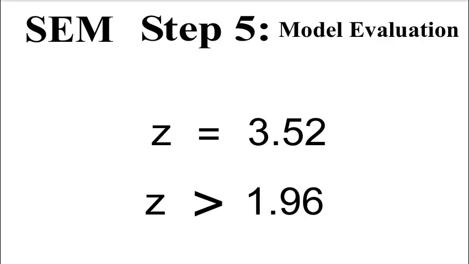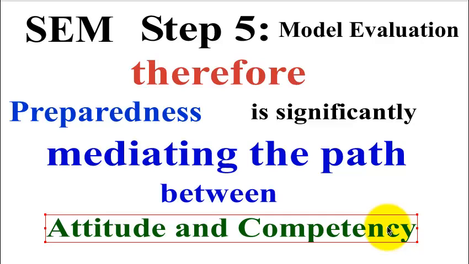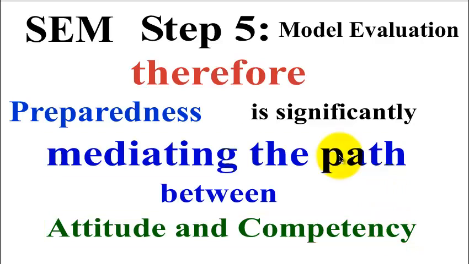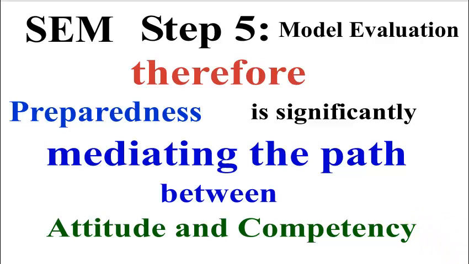We compare that to our critical value of 1.96, and it's obviously greater. So our calculated z-score is greater than the critical z-score. Therefore, preparedness is significantly mediating the path between attitude and competency. In other words, preparedness is, in fact, a significant mediator.